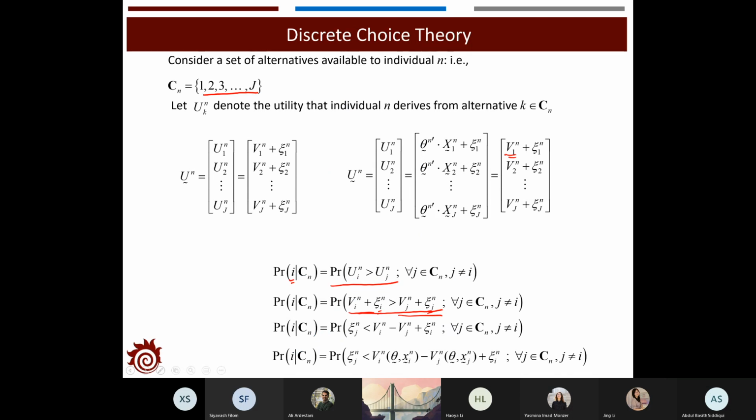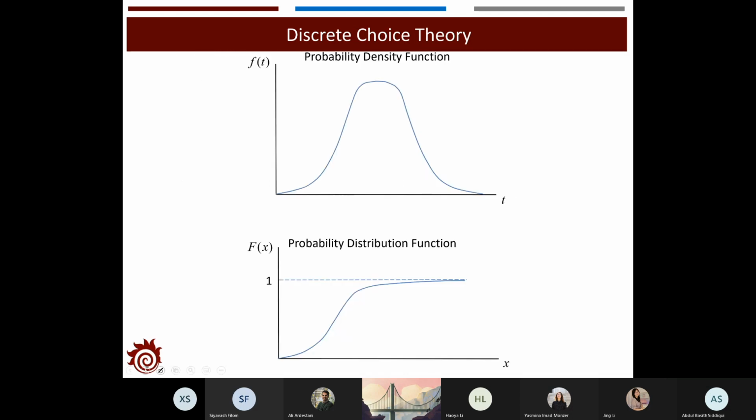And now let's see how we can find out the probability of choosing the alternative I. Assuming that you are provided with the PDF, the probability density function of the random terms, and also you can get the CDF, the cumulative distribution function, for the same variable. In this distribution, we can first discretize the continuous probability density function into small intervals.